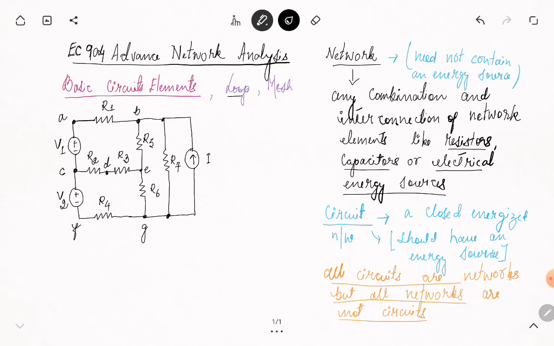What we are supposed to define: loop, mesh. So how do we define them?